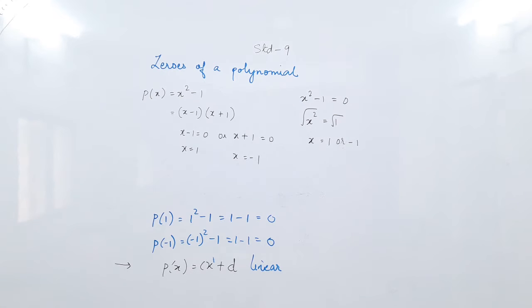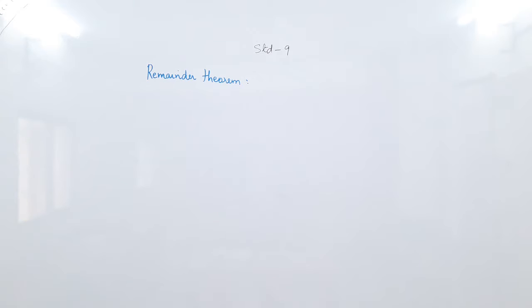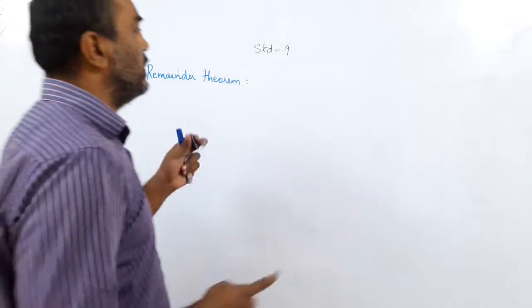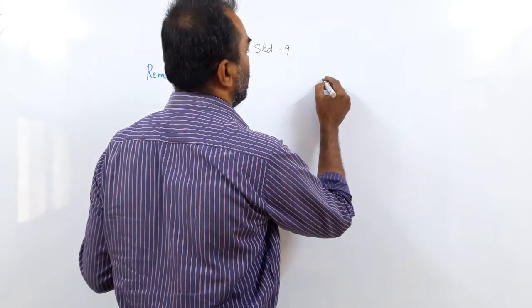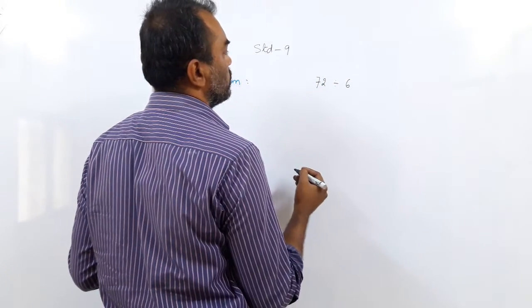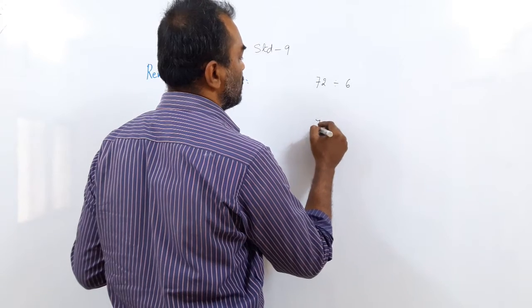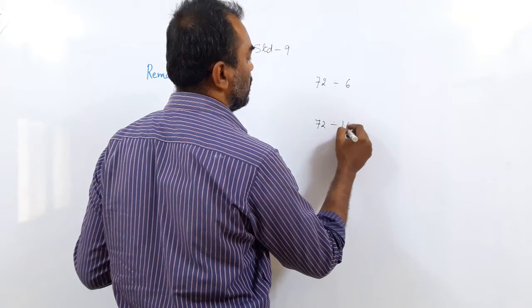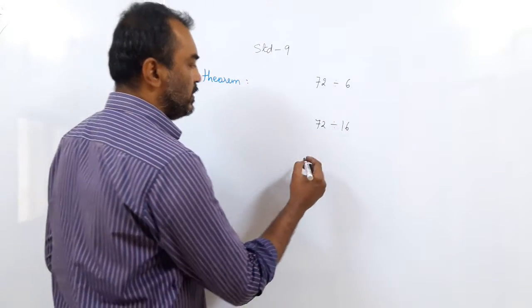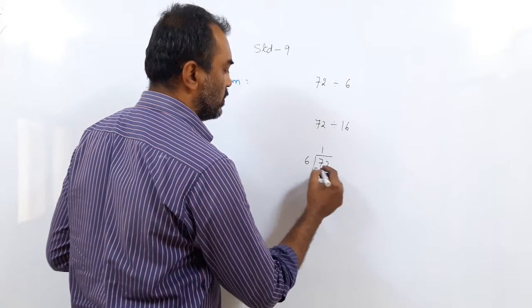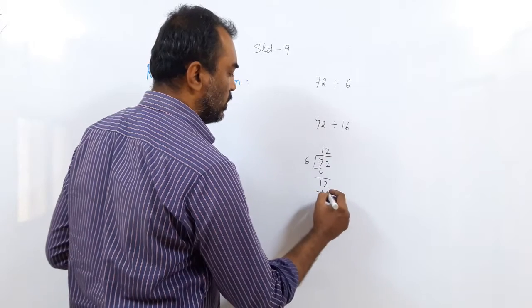But before that, now we'll go to something called the remainder theorem. Okay. Now what is the basic logic of the remainder theorem? Before we see the remainder theorem, let us see what happens if I divide 72 by 6, or if I divide 72 by 16. So you will see 6, 72 when I divide, 6 ones are 6, 12, 6 twos are 12.